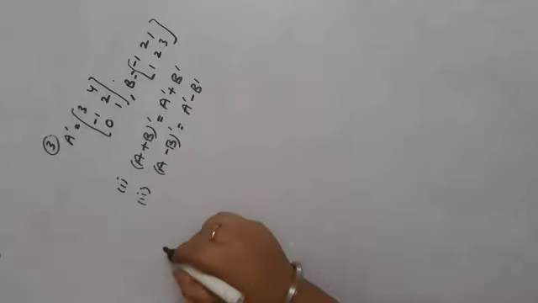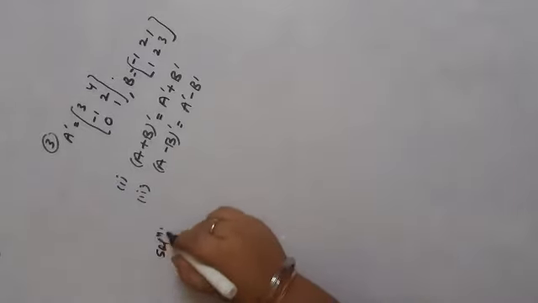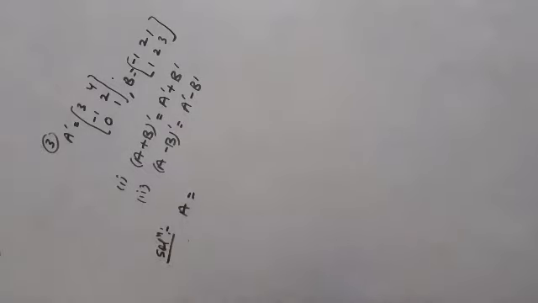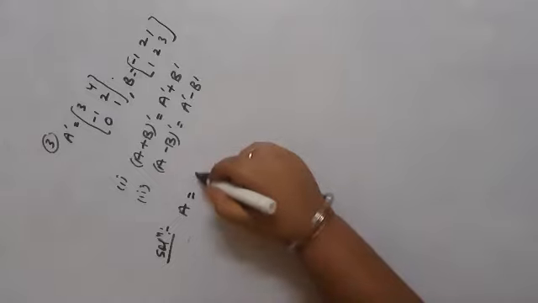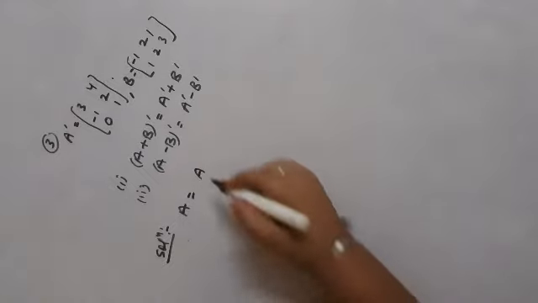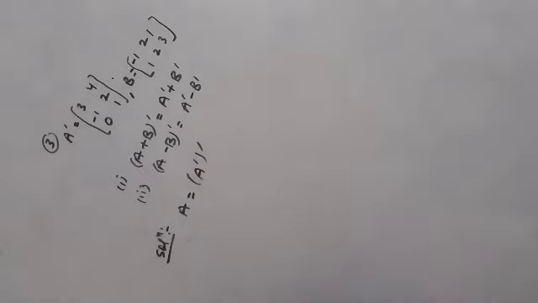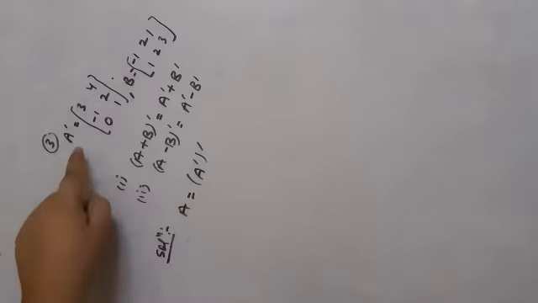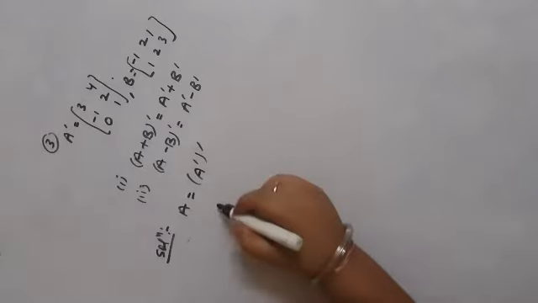Now what we have given is A transpose and B. First of all we calculate A. How do we calculate A from A transpose? We know the property of transpose of a matrix, A transpose of transpose will be A. Then we have to transpose A transpose.